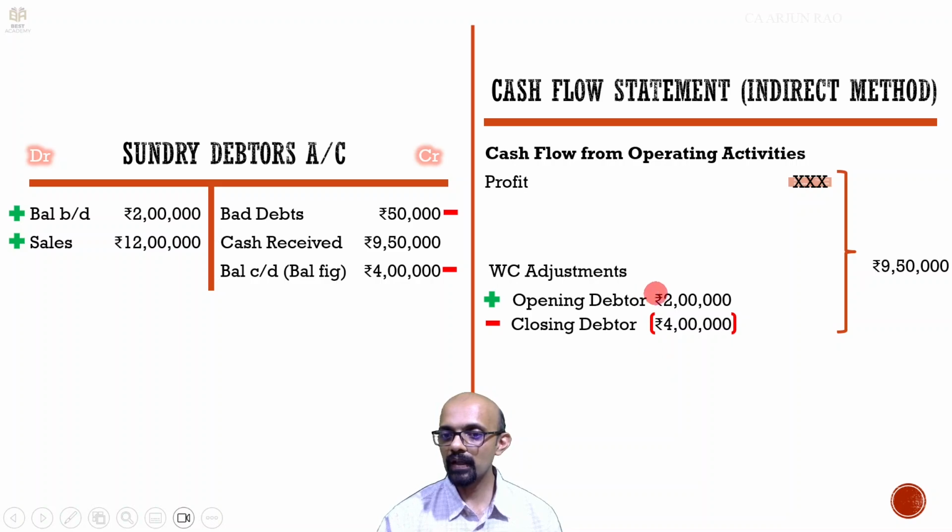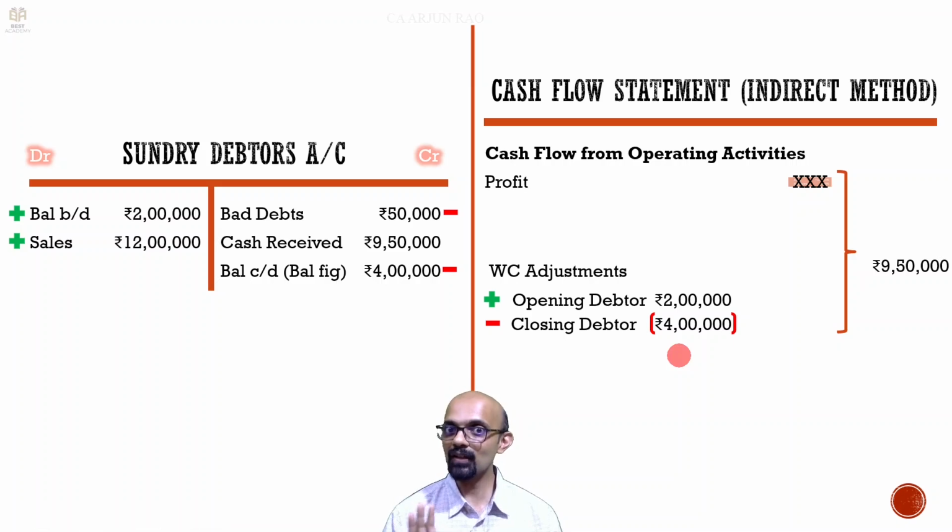You see here plus opening debtor 2 lakh minus closing 4 lakh. So this increase in debtor is shown as a negative value, isn't it? Going back to what we just discussed, how do we show 9 lakh 50 indirectly? By writing plus 2 lakh plus 12 lakh minus 50,000 minus 4 lakh. So plus 2 minus 4 is minus 2. Increase in debtor is to be subtracted.